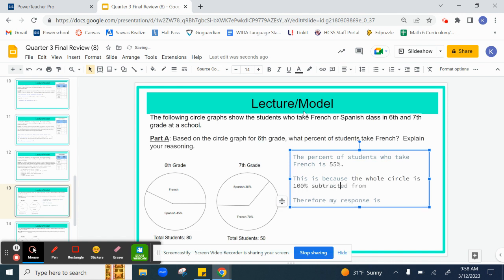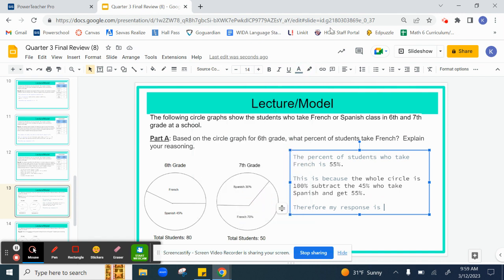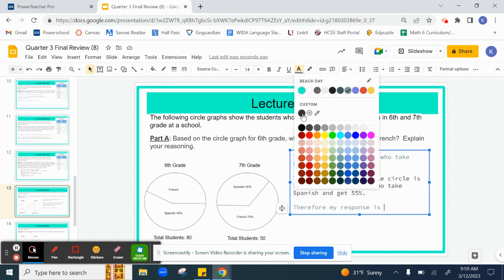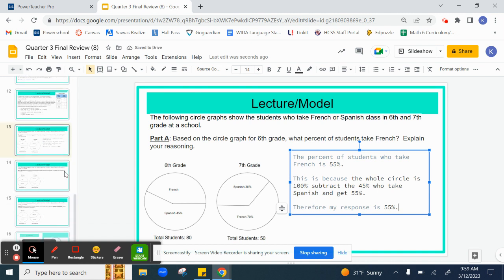Subtract the 45% who take Spanish and get 55%. Therefore, my response is 55%. Sorry about that. Okay. All right, let's move on.